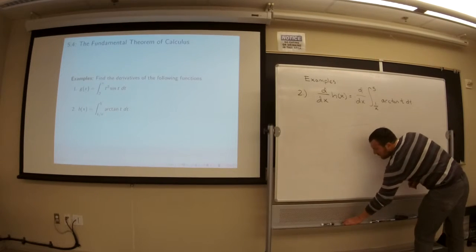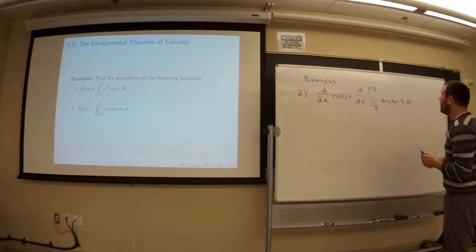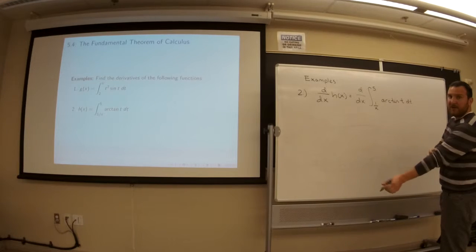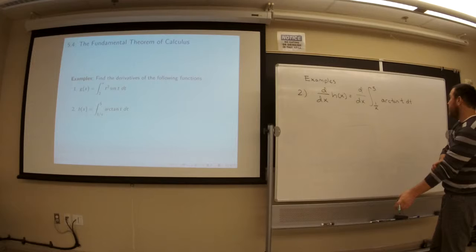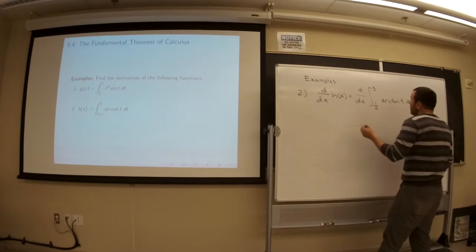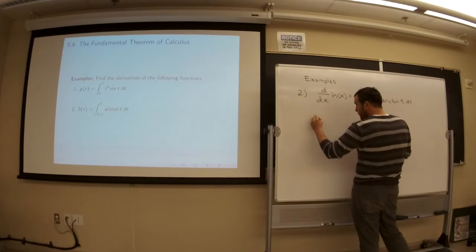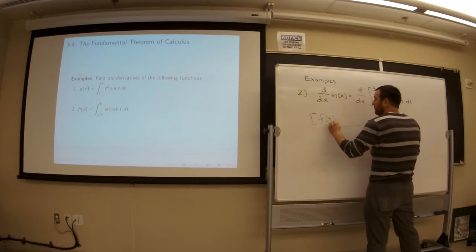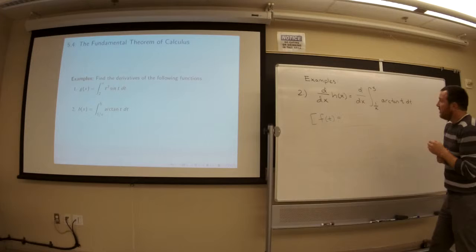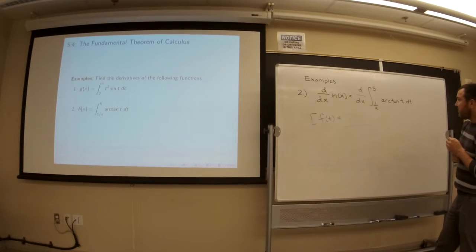So I'm going to go through this one the long way like I did before, and show what happens when we do this as a derivative. So let's again just set up the notation like we had in the fundamental theorem of calculus.